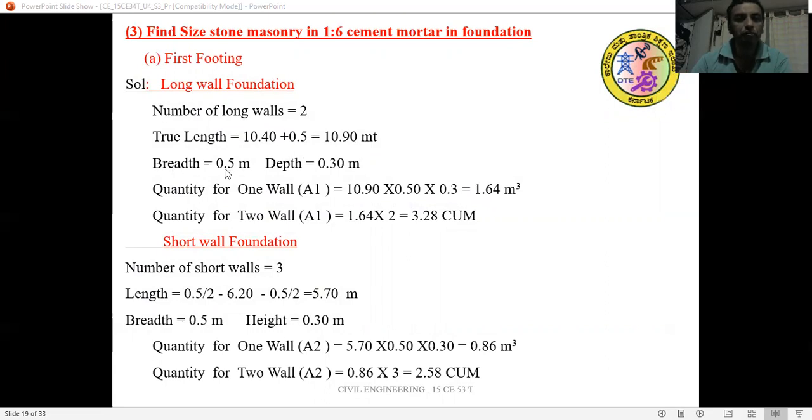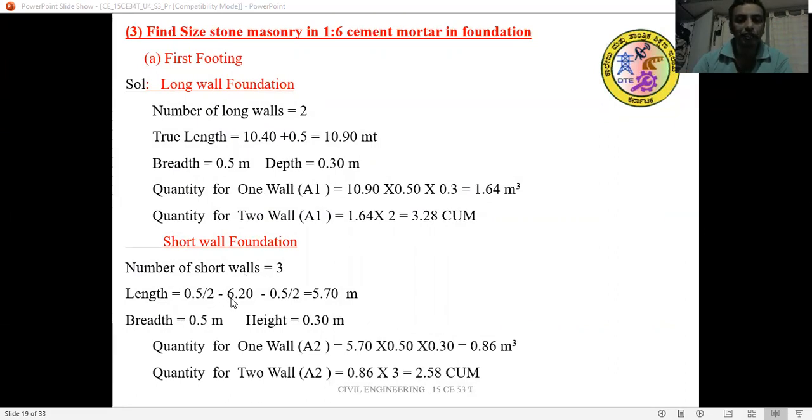Then breadth is 0.5 meter and depth is 0.3 meter. Then you have to get the total quantity by using the formula LBD. L is equal to 10.9, B is equal to 0.5, D is equal to 0.3, which gives 1.64 cubic meter. Then you will get the quantity for 2 walls, 3.28 cubic meter.